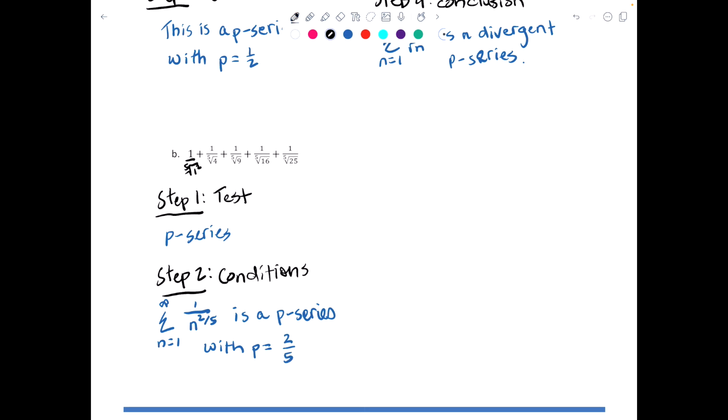So here, if you run your test, you just really take a look at what inequality p falls into. And again, it's between 0 and 1. And so that's going to diverge. And we'll put that in our conclusion.